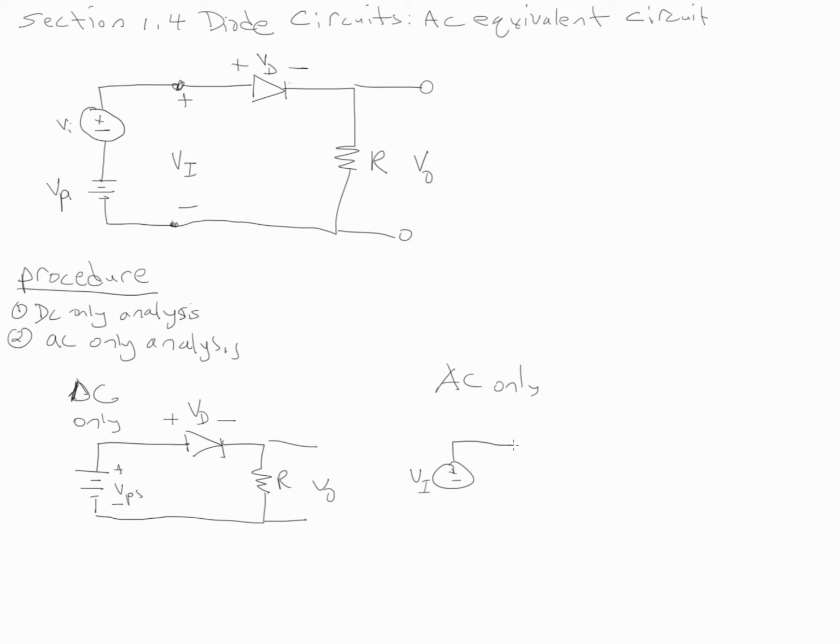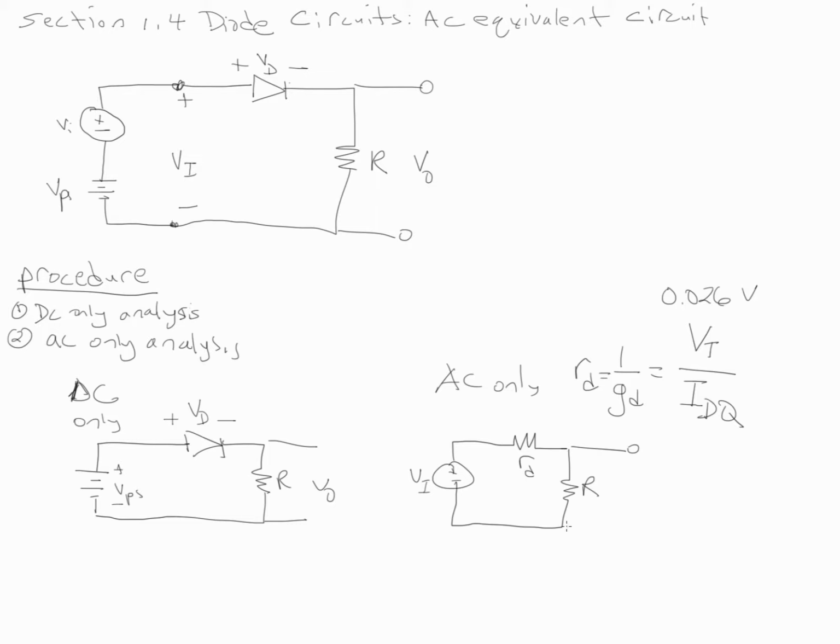And then to represent the diode in AC, we represent it by a resistor RD, and RD is equal to 1 over GD, which is equal to VT, our thermal voltage, that's 0.026 volts, over IDQ.